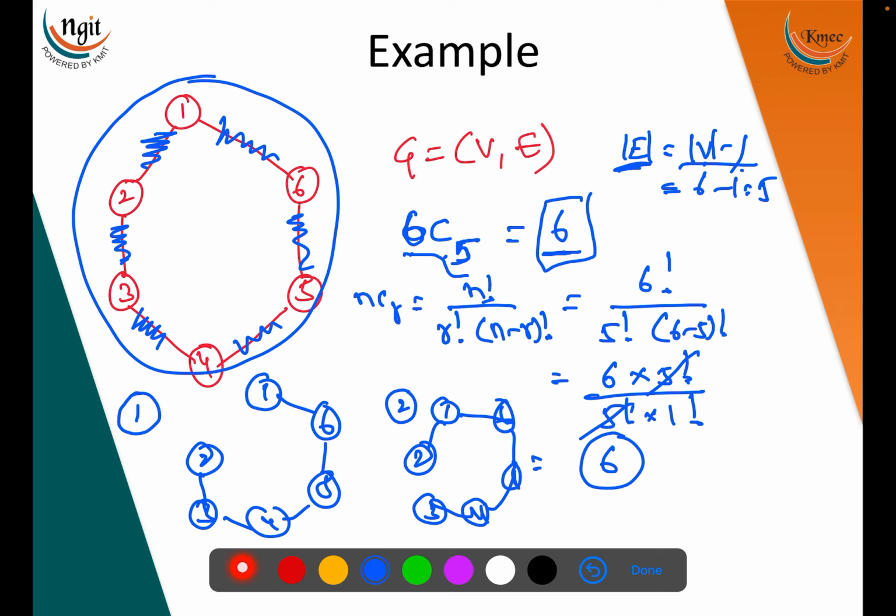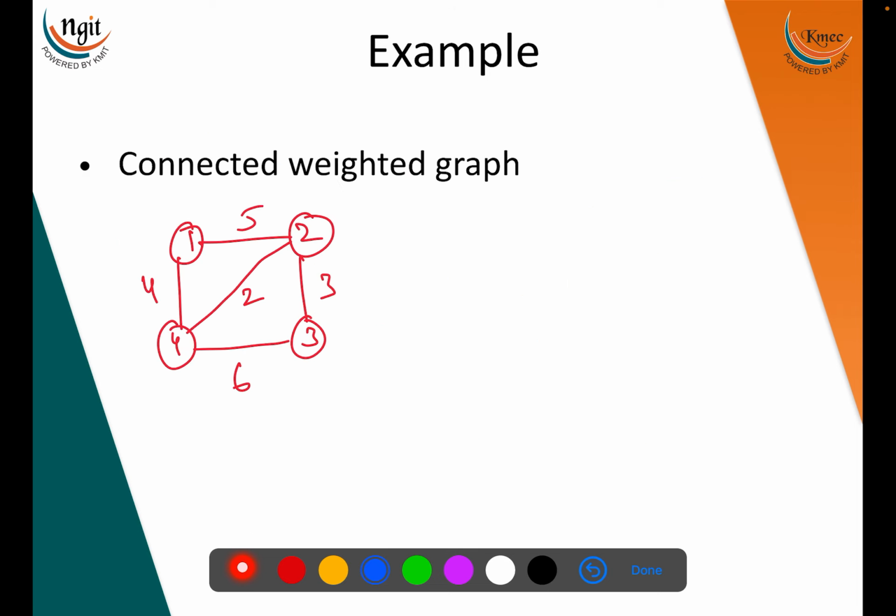Okay. Now we'll take another example. This example is a connected weighted graph. In this example, let's find out the spanning tree. So I'll give a formula to generate spanning trees when you have a question. Possibly there will be a question from this area.